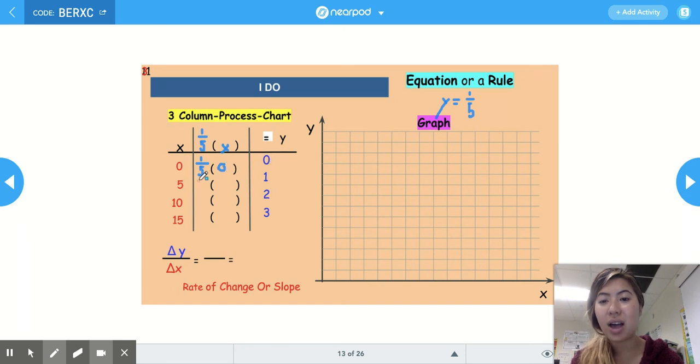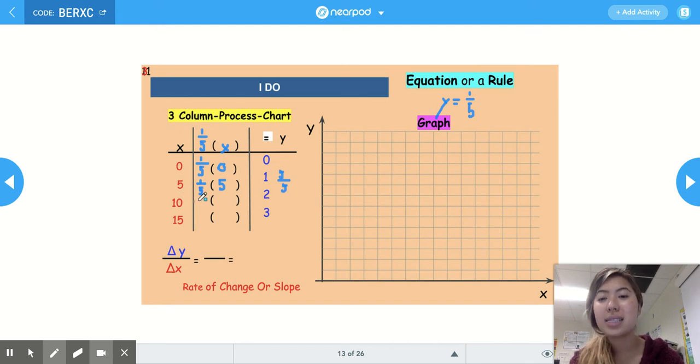When x is 5, we're multiplying 1/5 times 5. And when we multiply fractions and whole numbers, we keep our denominator. So our denominator is still going to be 5. And we multiply the numerator and the whole number. So 1 times 5 is 5. 5 divided by 5, or 5 over 5, can be simplified to just 1 whole.